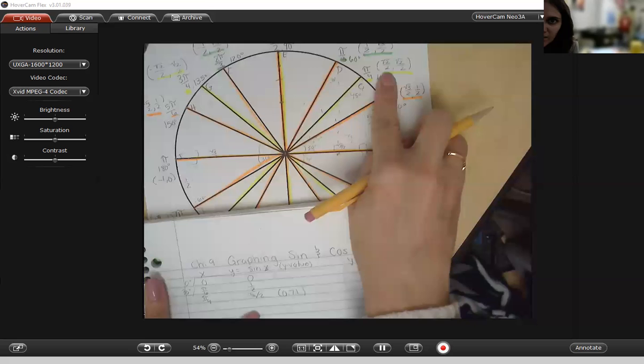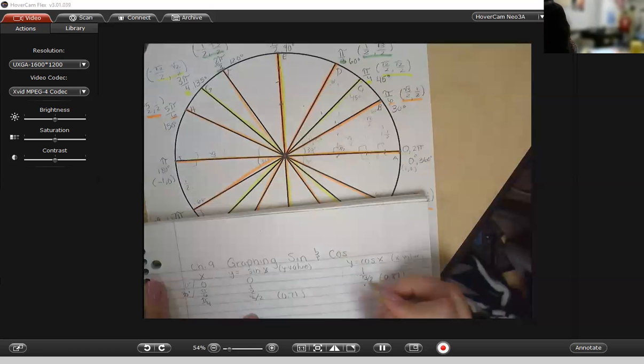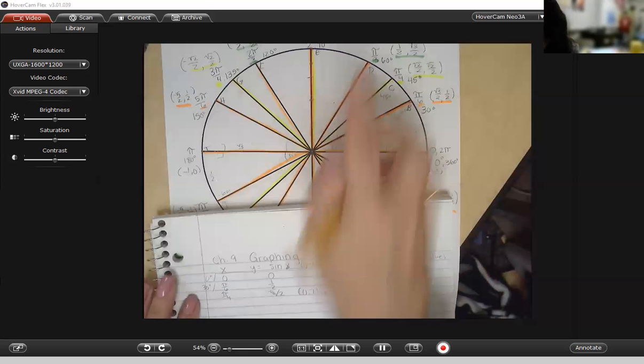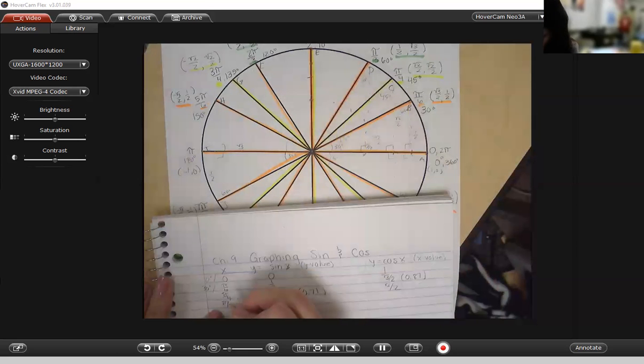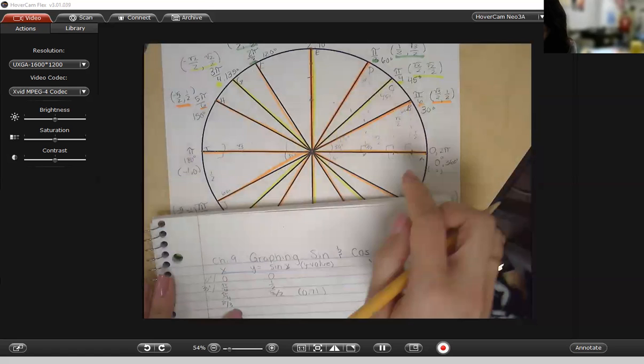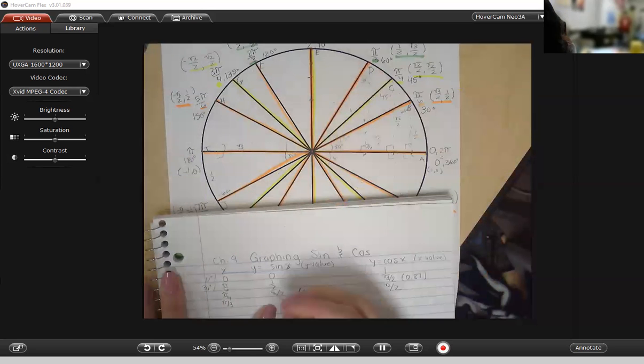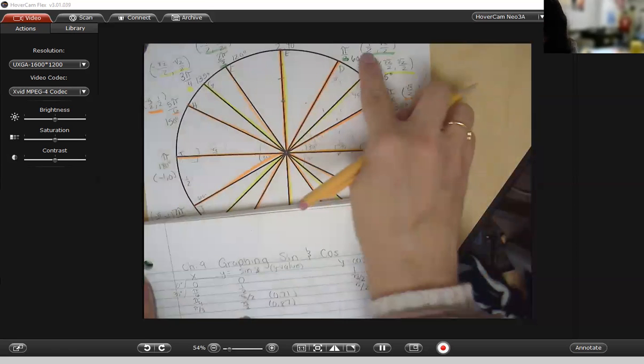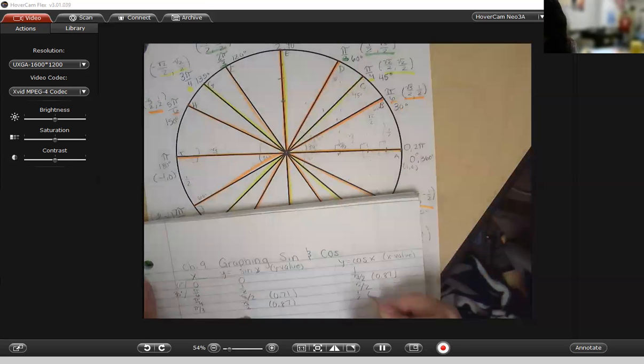And my cosine is also rad 2 over 2. Okay, then I'm going to go to pi over 3. And my sine is rad 3 over 2, which is again about 0.87. And my cosine is 1/2, which is 0.5. You need to know that.